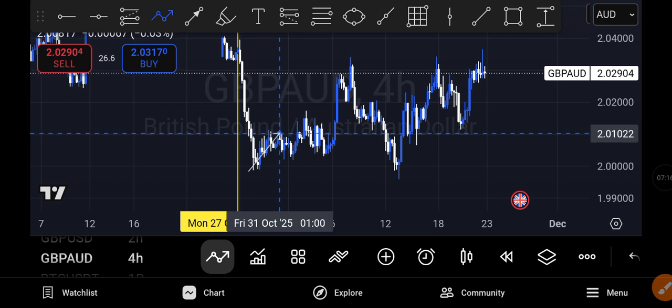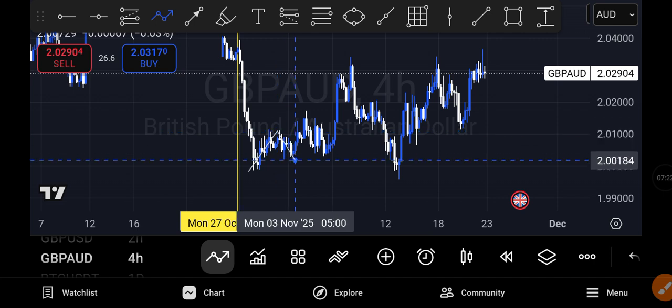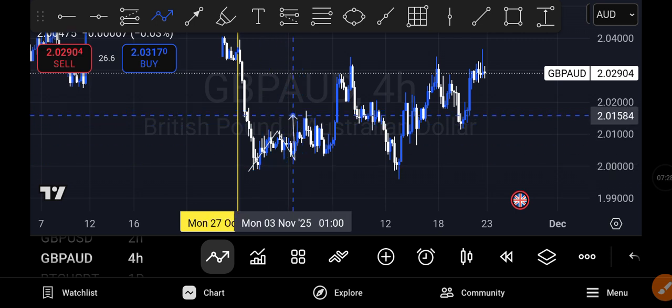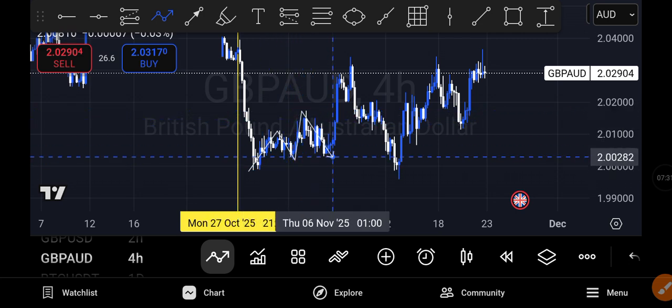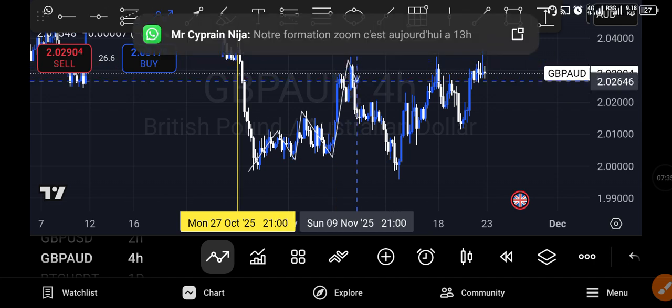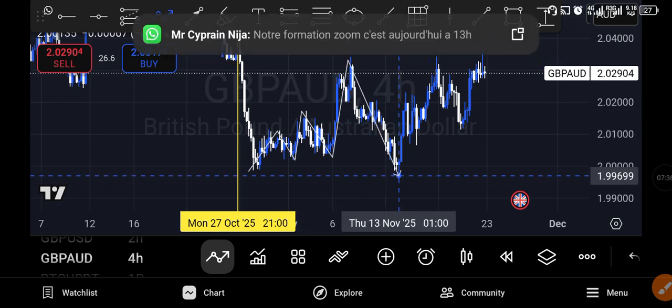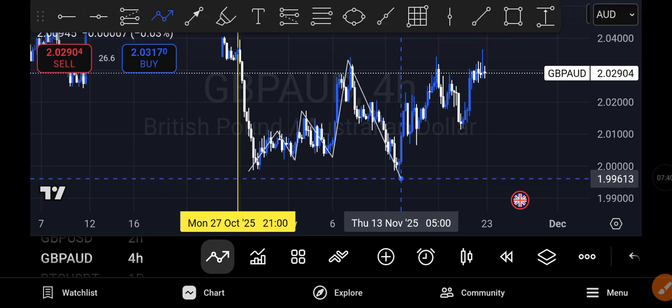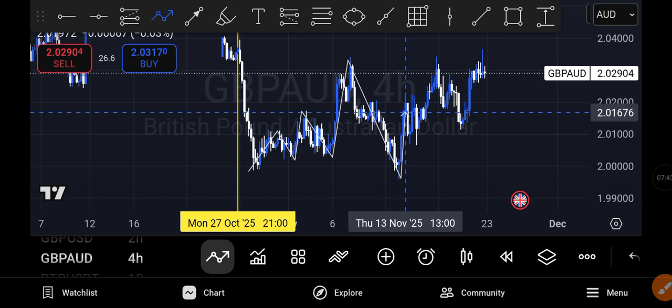you see that price created this move, came back down, created a higher high. All right, came back, created, sorry, higher low. Now it came up, created a higher high, gave us a higher low, higher high, and now it took out the last low, creating a lower low.